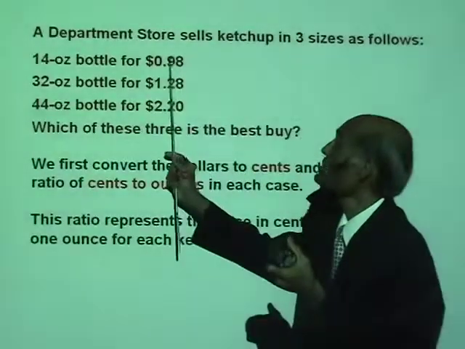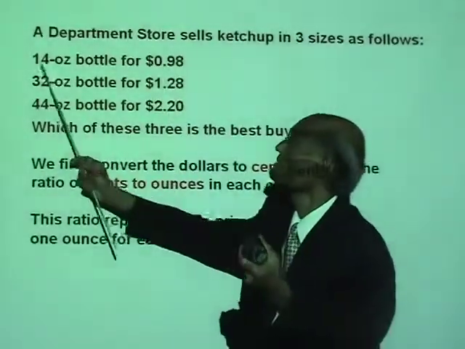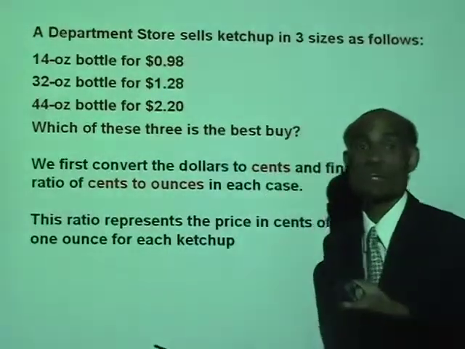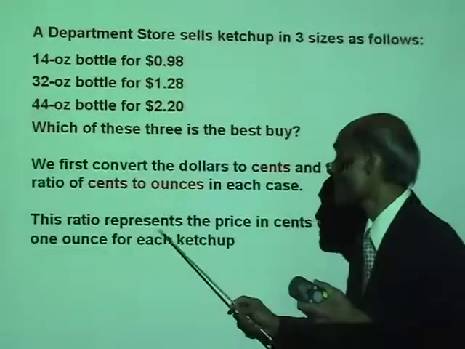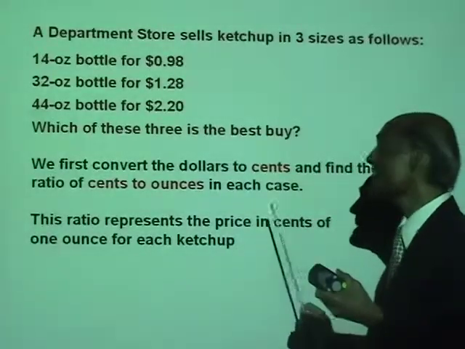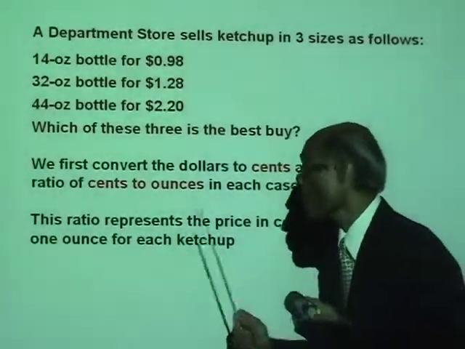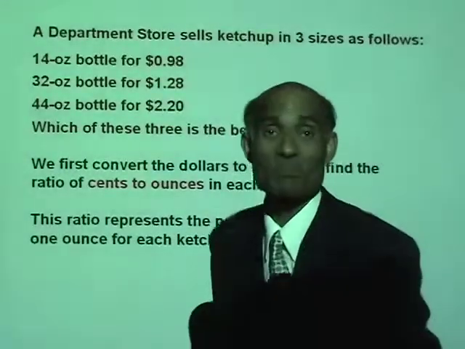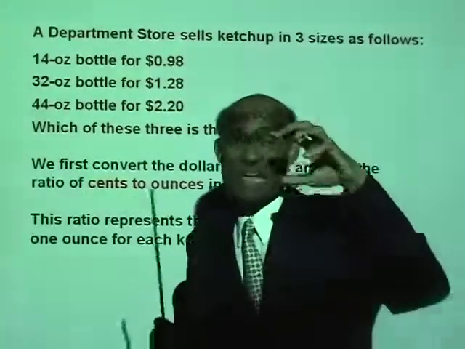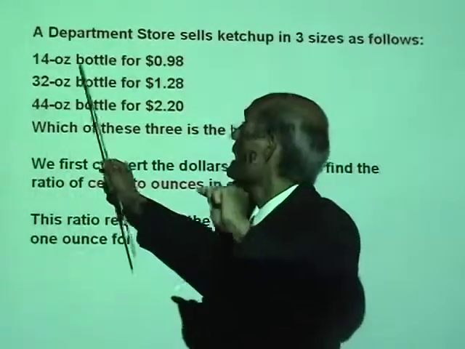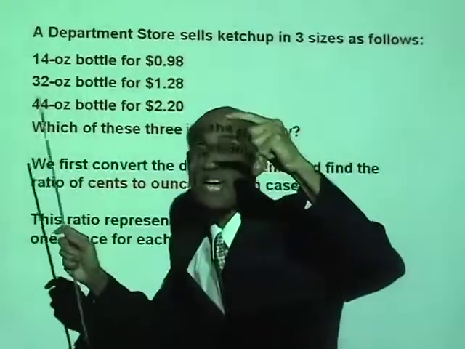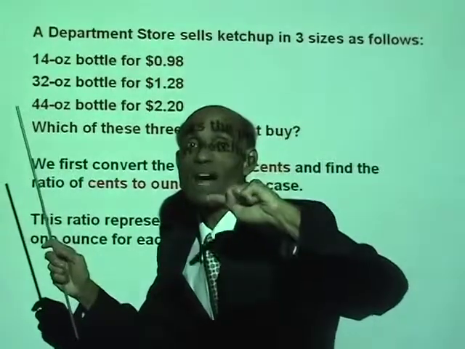Alright, what is the ratio of cents to ounce in the first case? That will be 98 cents divided by 14 ounce. And what does this ratio represent? This ratio represents the price in cents of 1 ounce of ketchup. You see? If 98 cents buys 14 ounces here, how many cents will buy 1 ounce?